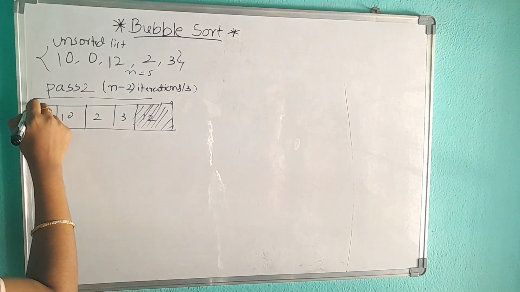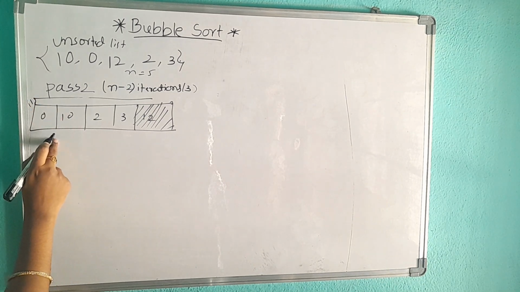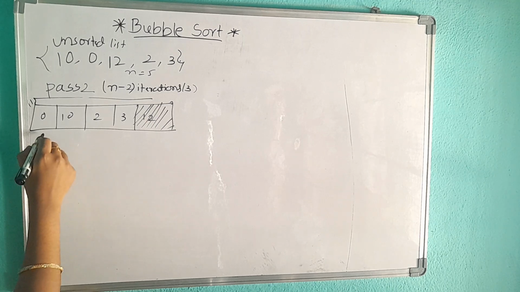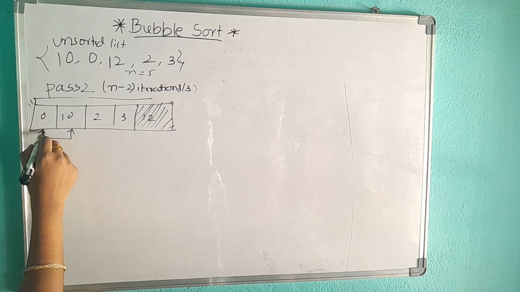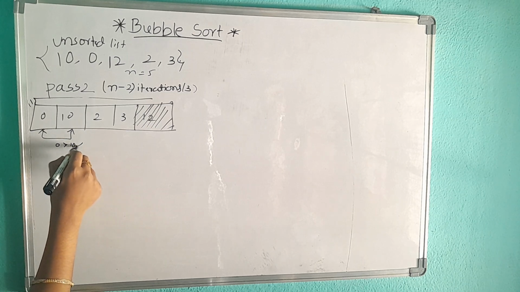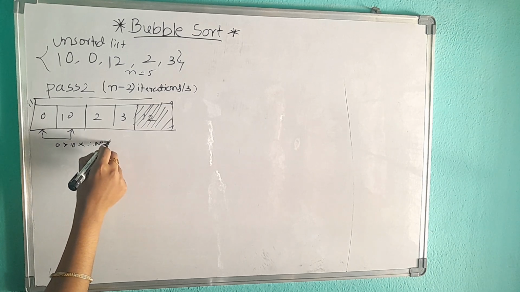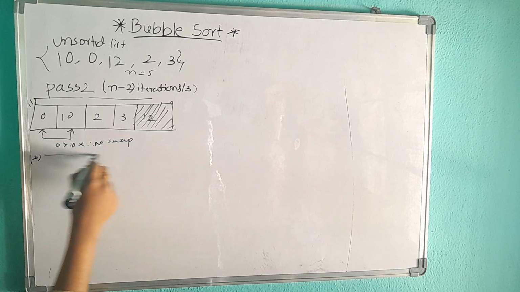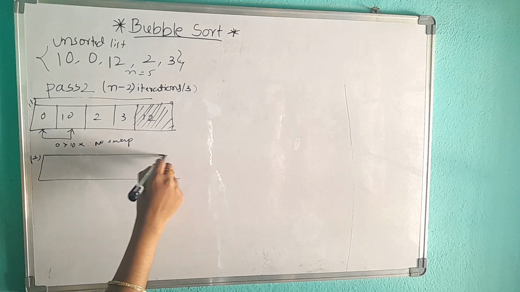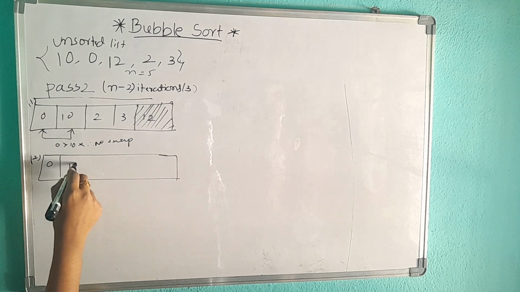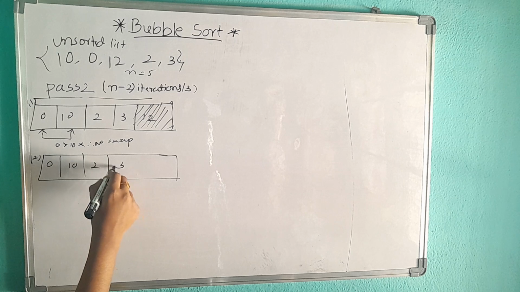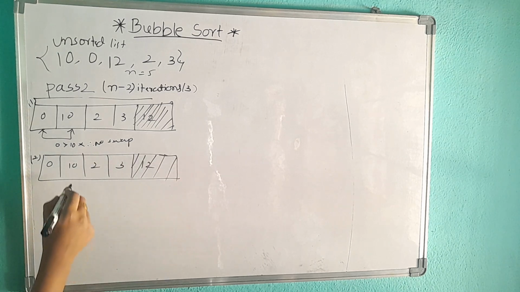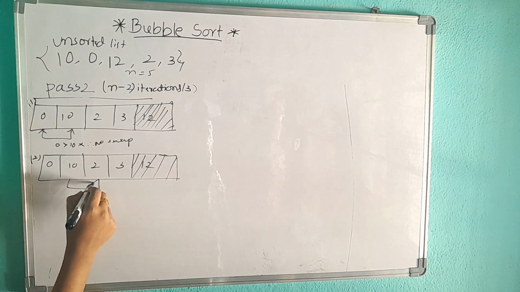So, first iteration. Again we have to follow the same process. We have to compare adjacent elements. Is 0 greater than 10? No. Therefore, no swapping required. In the second iteration, we have to compare the next two adjacent elements.